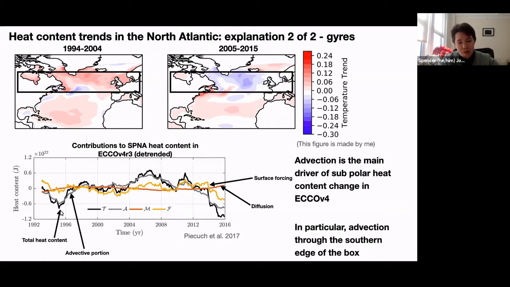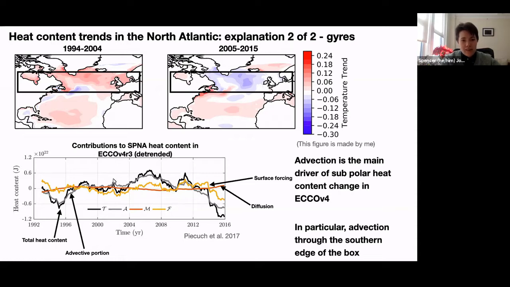So you can see the same trend that I'm going to be talking about for the whole talk. You have lower heat content in the black line in 1995, higher in 2005, and lower in 2016. And you can see that that variability is mostly driven by this term A, which is the advection of heat into this region.